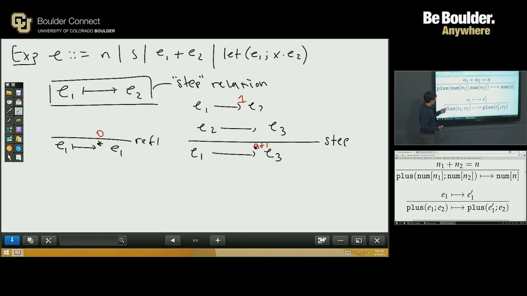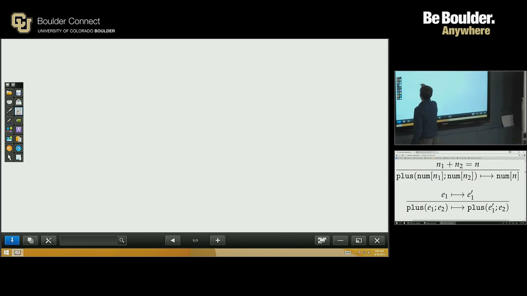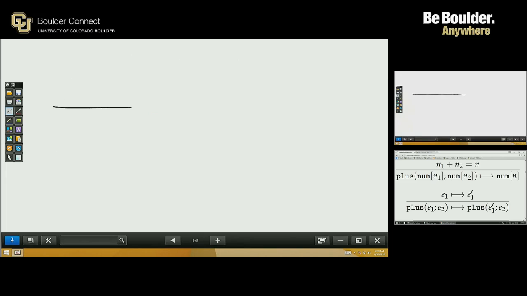But why do we need this rule? I can ask it a different way. Suppose this is my program. Let's say I'm trying to run this program.